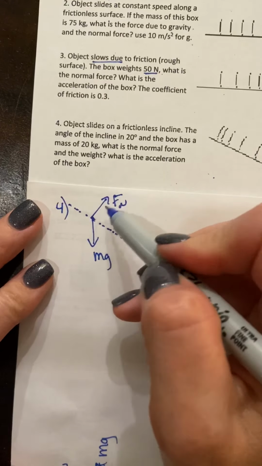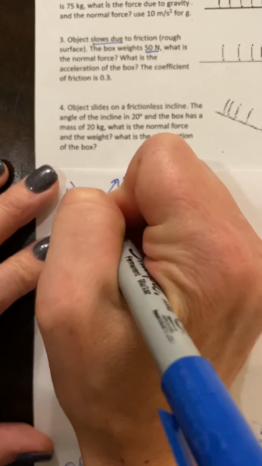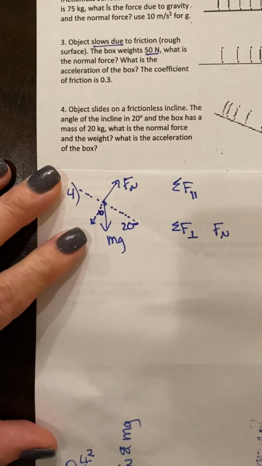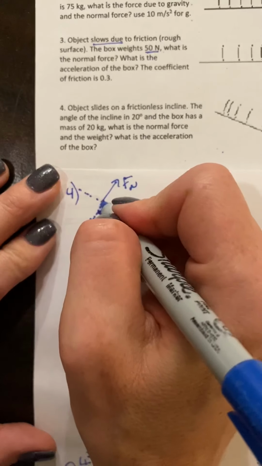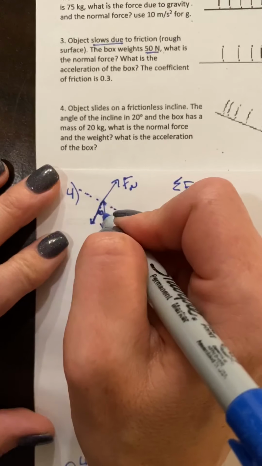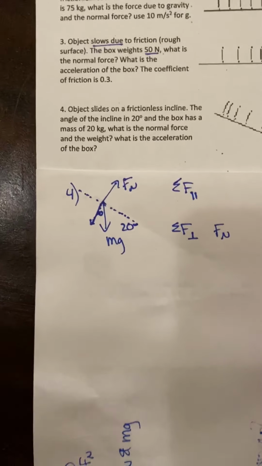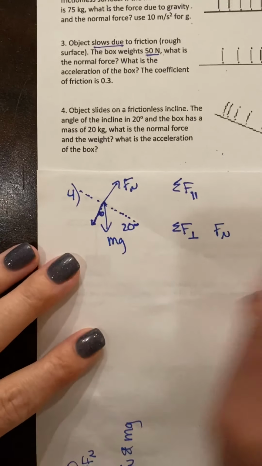And also this part of my mg. So if this angle in here is 20 degrees, right, this angle in here is also 20 degrees. And I've got this leg of my triangle is going to be adjacent to my angle. So I'm going to be using cosine.